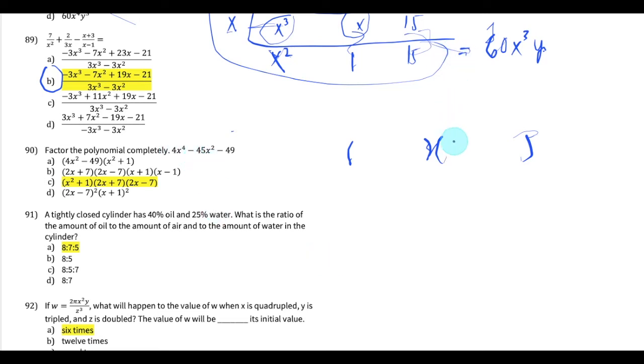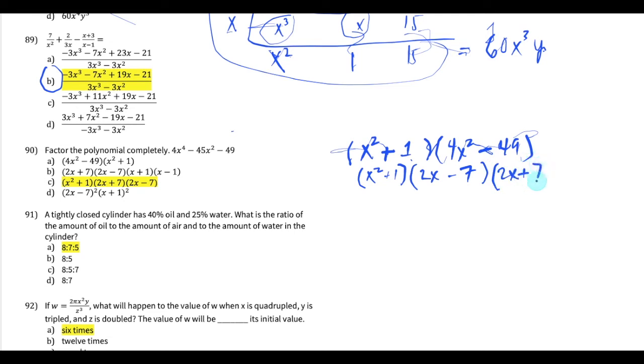Ibig sabihin, magkasama dapat sila. 4x squared minus 49 times x squared plus 1. Okay? Ito, ma-factor out pa ba? Hindi na. For this one, this is a perfect difference of 2 squares. So, we have x squared plus 1 times 2x minus 7, 2x plus 7. Final answer is letter C.